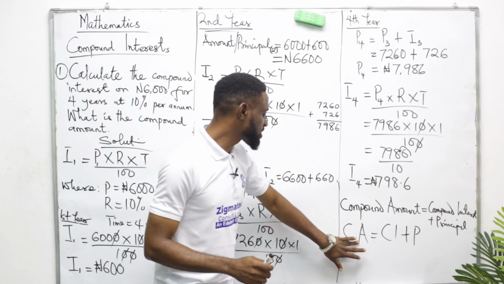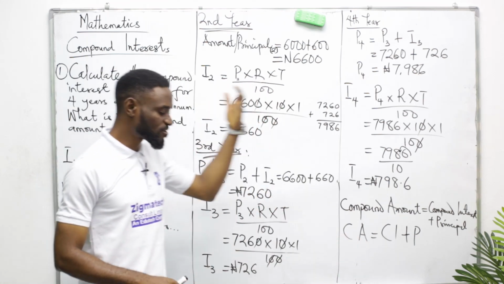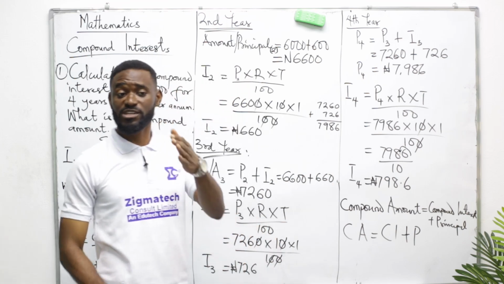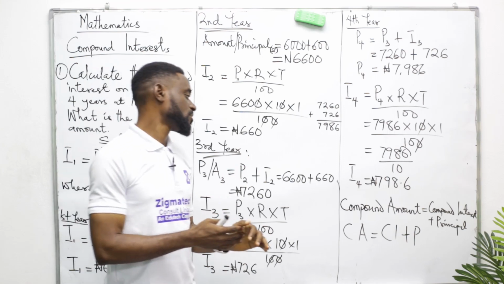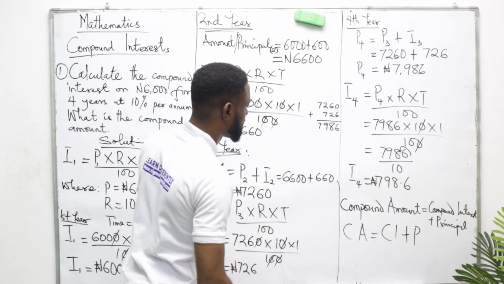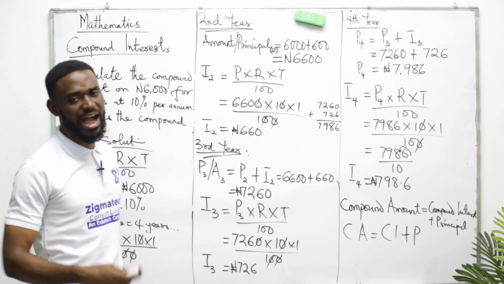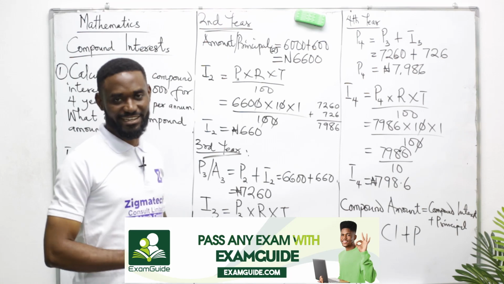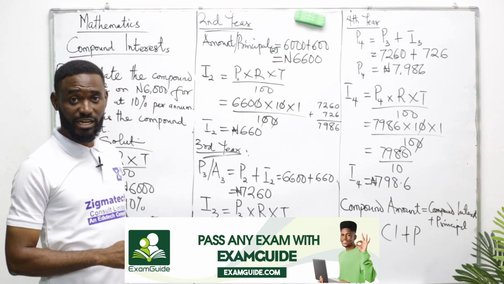So now, what is the compounded amount at the end of these 4 years? But the first thing we have to look at, they say we should calculate the compound interest. So let's look at what the compound interest is. This compound interest is simply the addition of all the interest we have in those years. Do you understand me now?